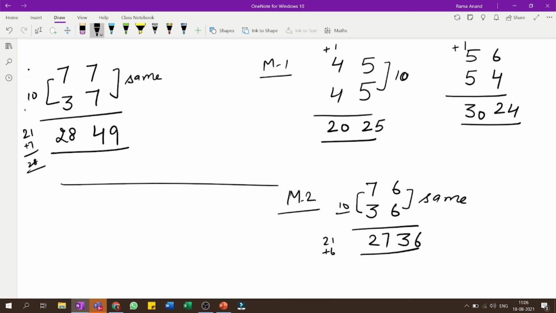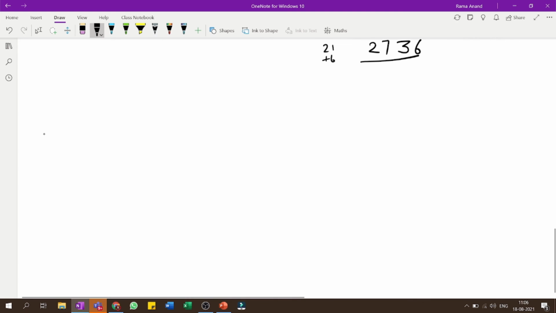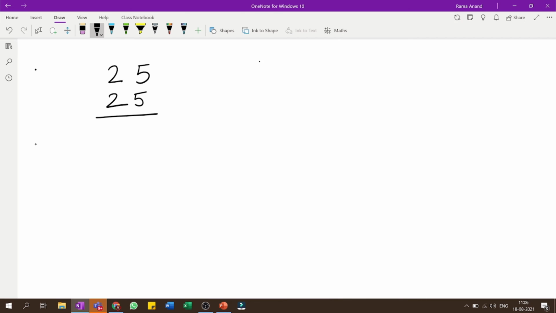So these are the two methods which we have done and here इन्हीं दोनों मेथड से हमारी एक और ट्रिक निकलती है, that is how to multiply a number ending with 5 and how to find the square of a number ending with 5. 2 digit number ending with 5, how to find out the square?